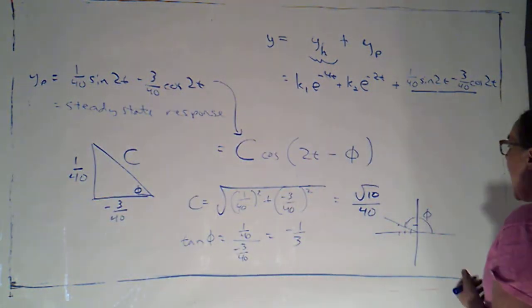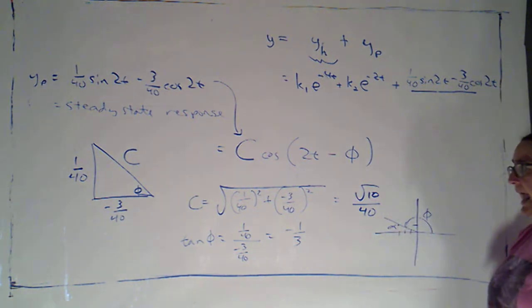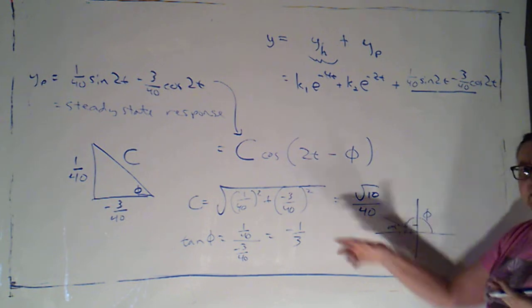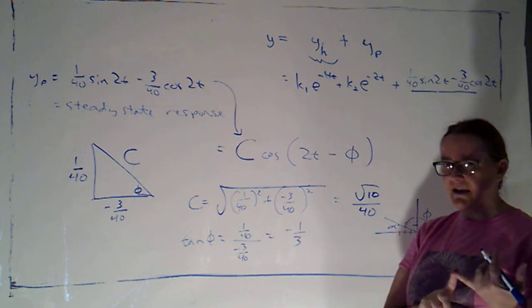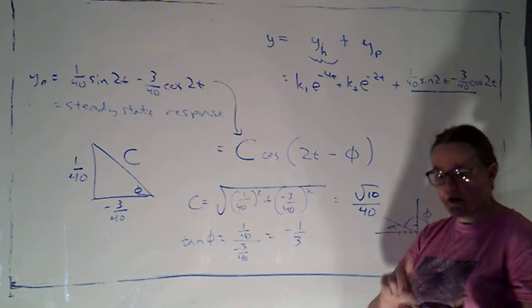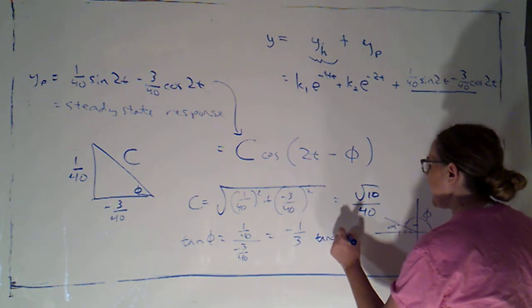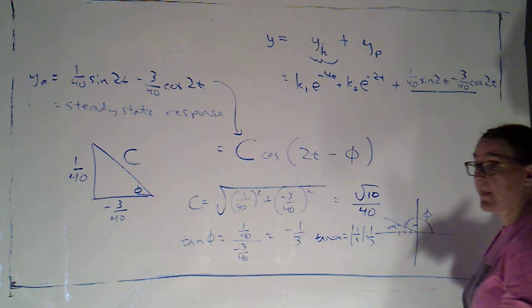All right. So basically then, I'm going to let that be my alpha. Now that's not a value of tangent that I recognize. I can tell that my reference angle alpha is not going to be pi over 3, pi over 4, or pi over 6. But what I do know is that tangent of that reference angle will be the absolute value of negative 1/3, which is 1/3.